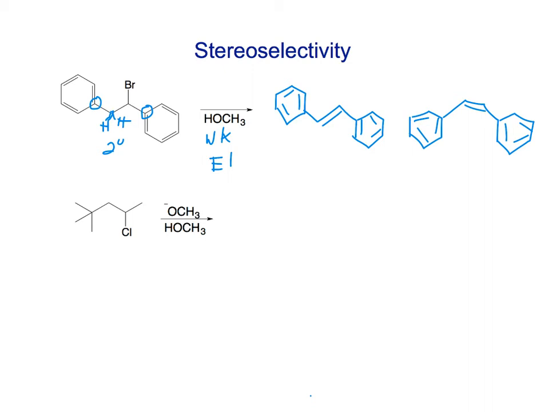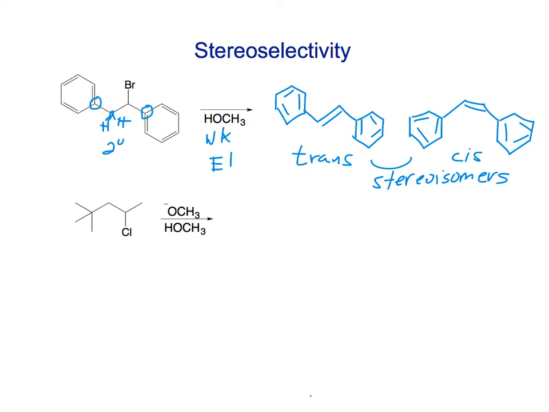All right, these two molecules are stereoisomers. And we call this one trans, because the two big groups are on the opposite sides of the double bond, and this one cis, because those big groups are on the same side.